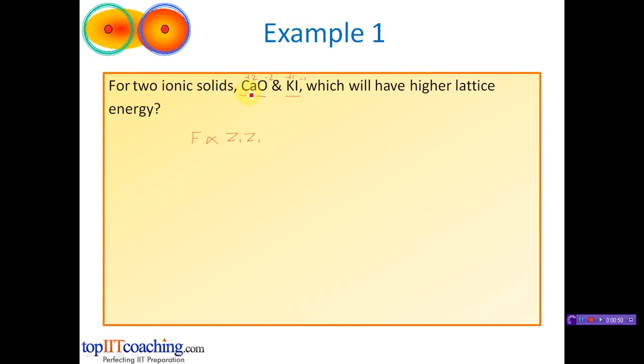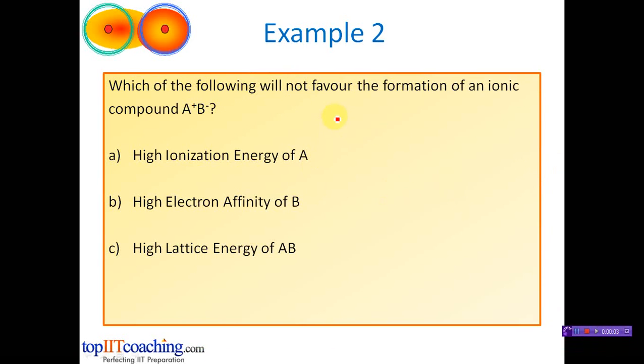So it's pretty simple that the force of attraction between the calcium ion and oxide ion will be much greater in the lattice of calcium oxide, and therefore it is going to have higher lattice energy. It is also supported by the experimental facts which show that the lattice energy of calcium oxide is much higher than that of potassium iodide.